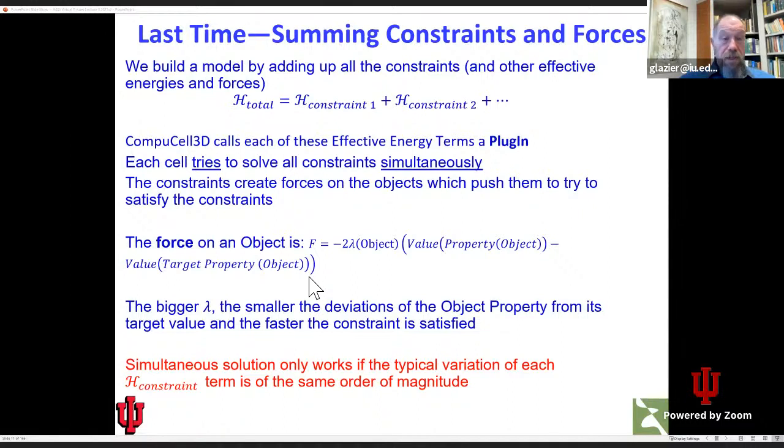Actually, what it'll try to do is minimize the sum of all of these effective energies. And that usually is not possible to minimize them all. In other words, there is no configuration that has 0 volume energy and 0 surface area energy and 0 this energy and 0 that energy. And so what will happen is the configuration will change to be some compromise that minimizes the net energy, even though none of them individually is minimized.